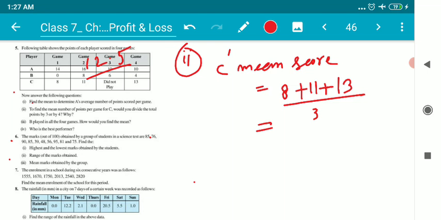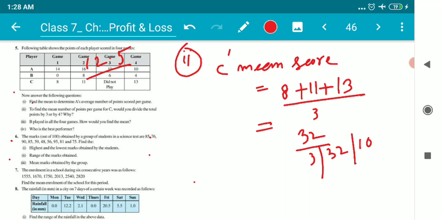But in the case of B, he played the match but could not score. So not getting runs, or not scoring, and not playing the match, these are two absolutely different situations. When somebody could not play, could not take part, and somebody took part but couldn't score, that is a different situation. So 8 plus 13 is 21, 21 plus 11 is 32. So 32 by 3. Let us divide it.